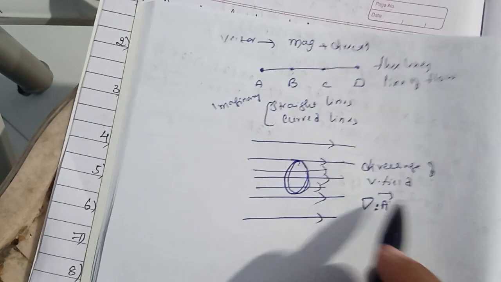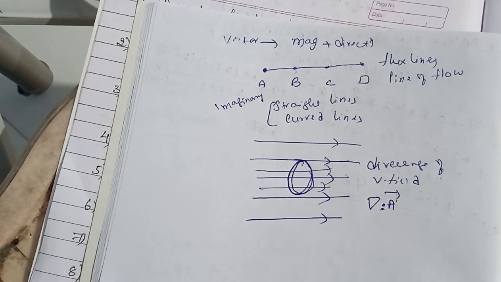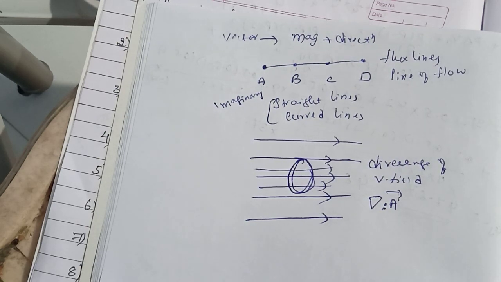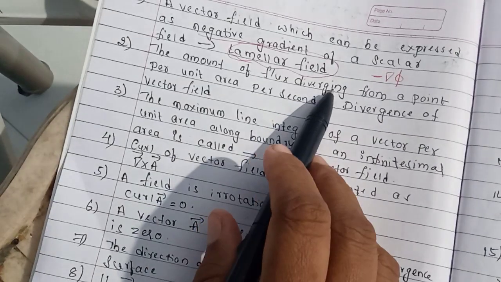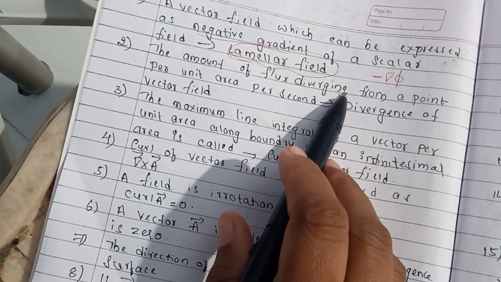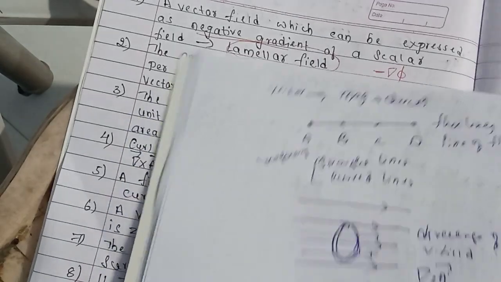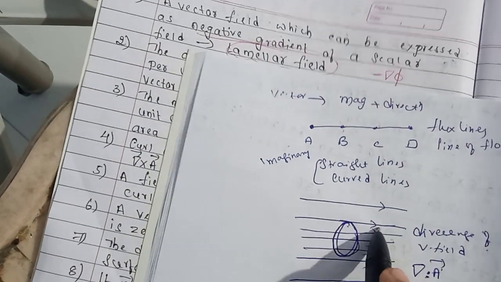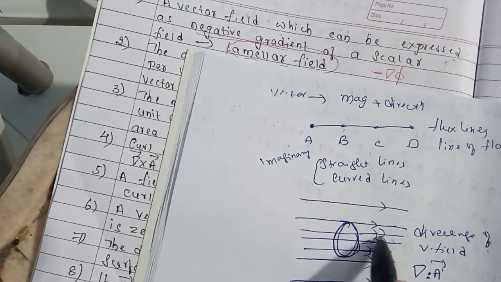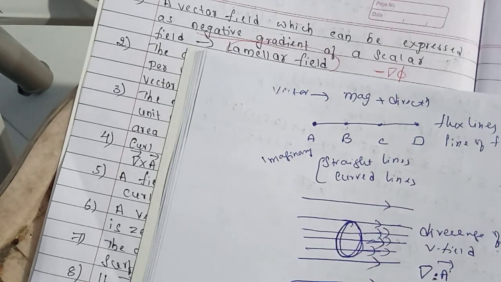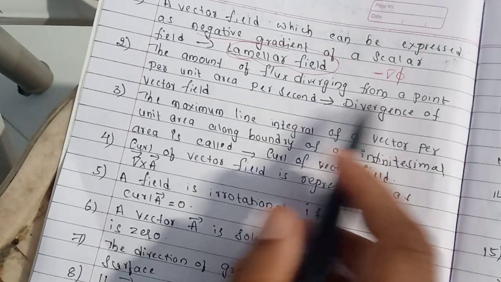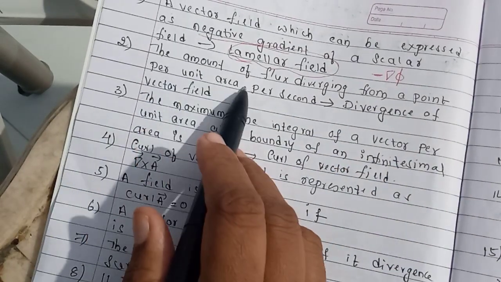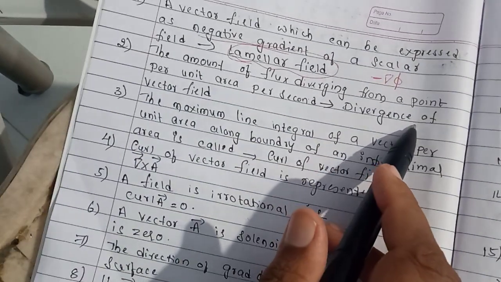This we call the divergence of vector field. The amount of flux entering or leaving, leaving itself we call diverging. So the amount of flux diverging from a point per unit area per second, we call it divergence of vector field.